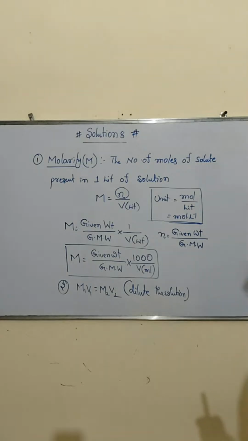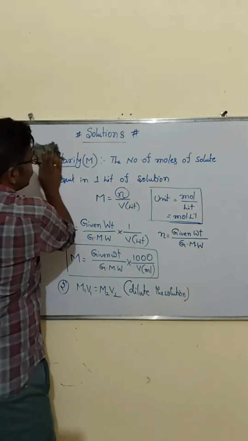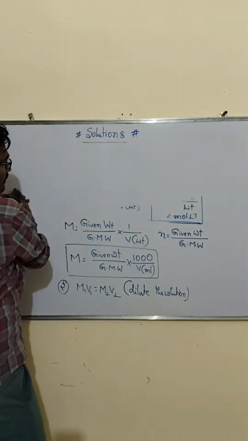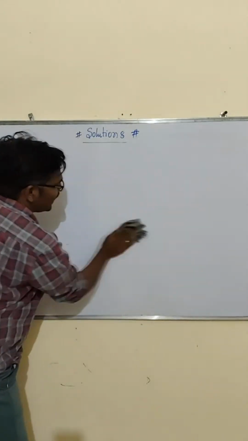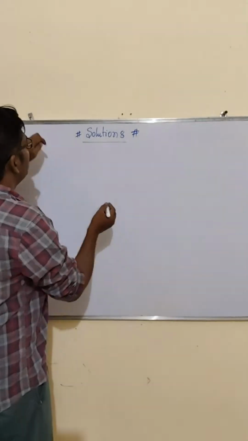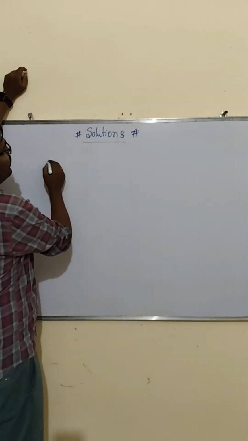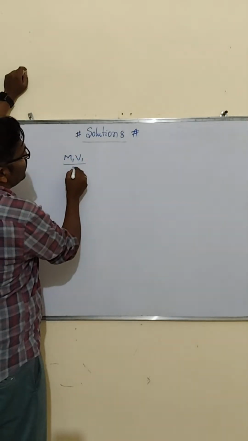Next, which formulas can we use with molarity? That is M1V1 divided by N1.